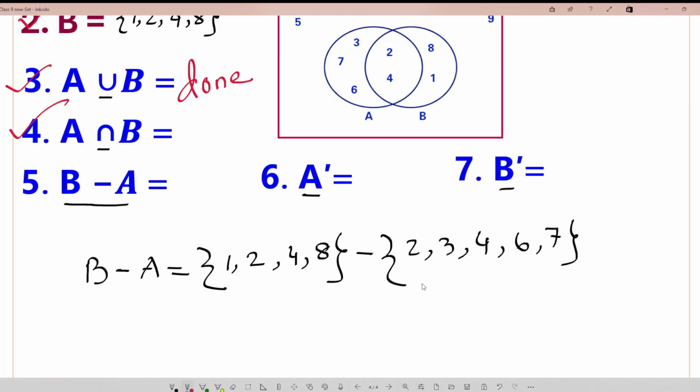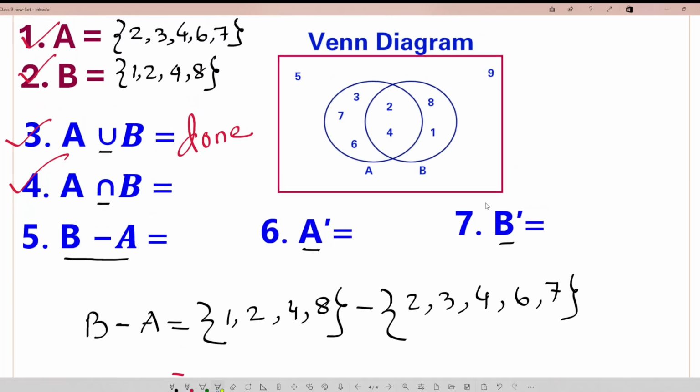If we try to find the result from these sets, what is the result? Once we find the difference, we have to remove the numbers which are common to the other set. Look, this one is set B and this one is set A. Which ones are common? Here 2 and 4 are common, so we should remove these. So the result would be this one.